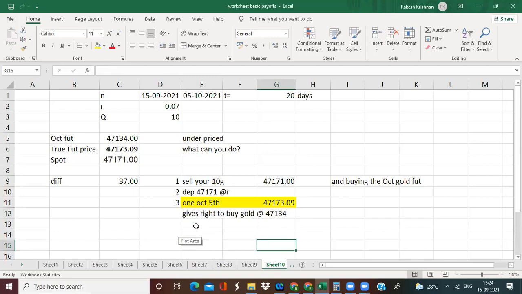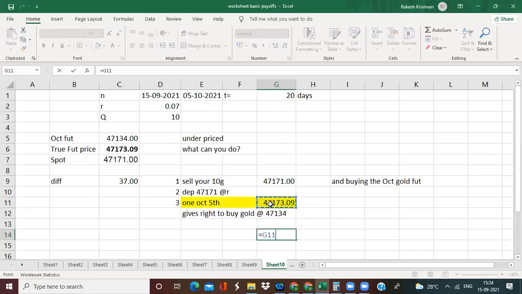On October 5th, how much rupees will you have in your hand? Your maturity amount is 47,173. You have to spend 47,143 for buying the gold. Therefore, you will have the difference as your take home, 39 rupees. This is called the arbitrage process. Now, this is possible.